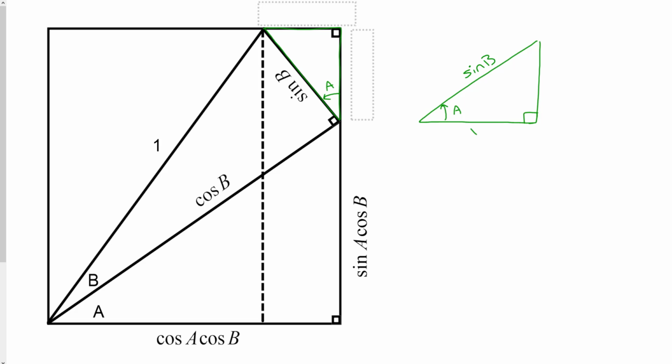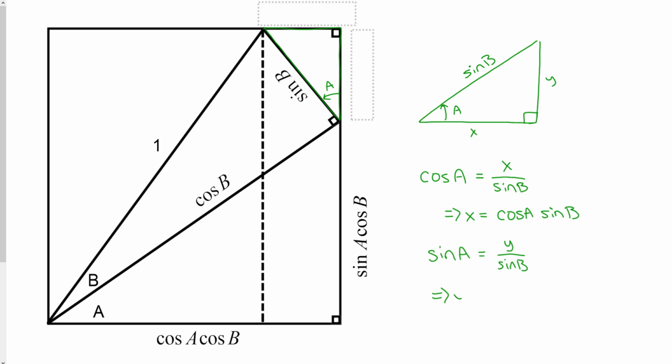Okay, so I'll call this X and call this Y, and we can say the cosine of A is going to be the adjacent over the hypotenuse, which means X is cosine A sine B, and the sine of angle A is the opposite over the hypotenuse.